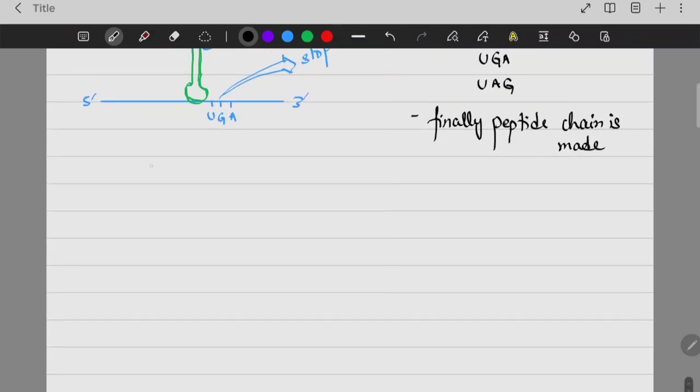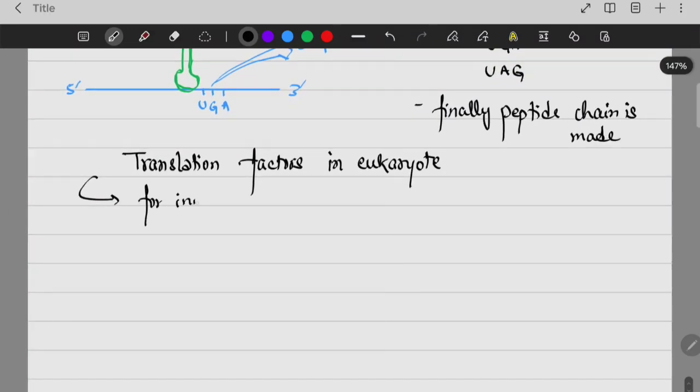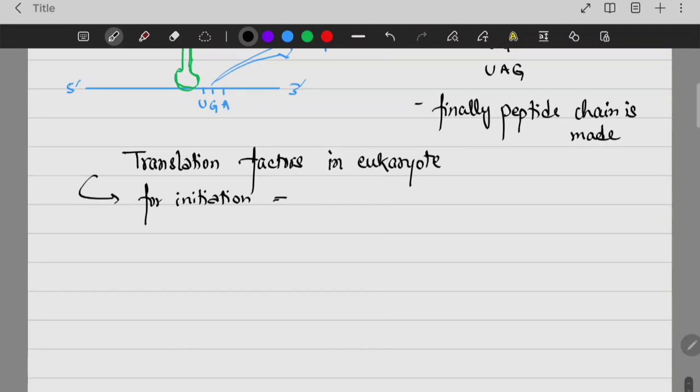So the translation factors in eukaryotes are, for initiation, the eukaryotic initiation factor 1, 2, 3. Then there will be initiation factors 5, 6, 4. Okay.